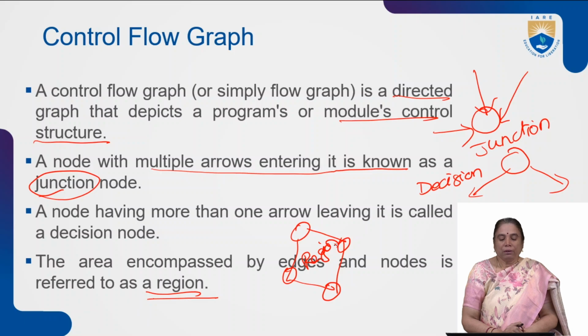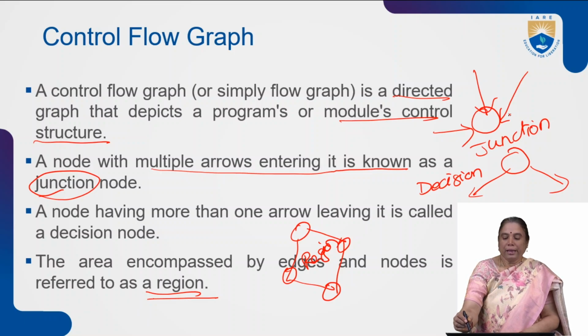In the control flow graph, a node where multiple arrows are coming in is referred to as a junction, and a node from which more than one arrow is going out is a decision node. An area enclosed by edges and nodes is referred to as a region.